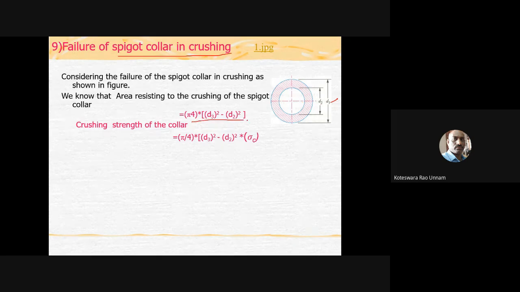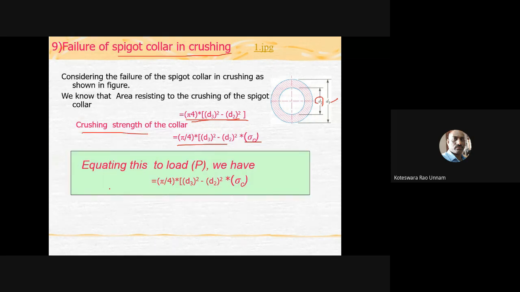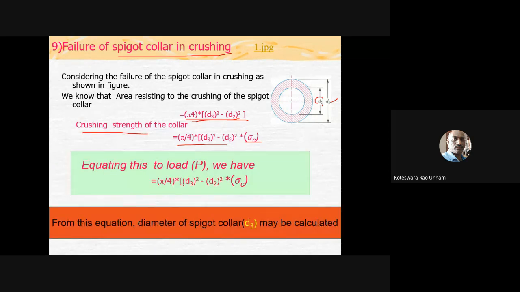The area is pi by 4 into outer diameter D3 and inner diameter D2, that is D3 squared minus D2 squared. That crushing area multiplied by the crushing stress will give you the crushing strength, which again should be equal to P. From this we can find D3, the outside diameter of the socket collar, by considering its crushing strength.